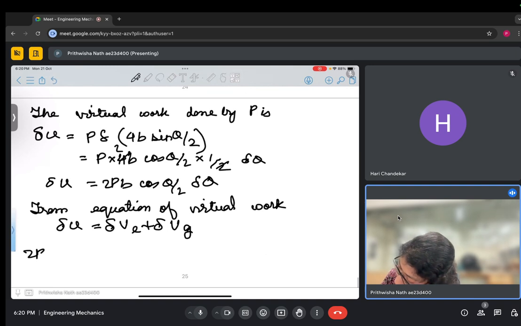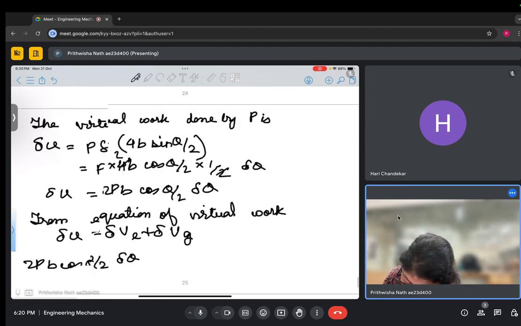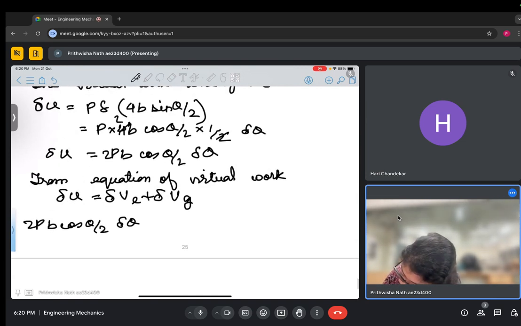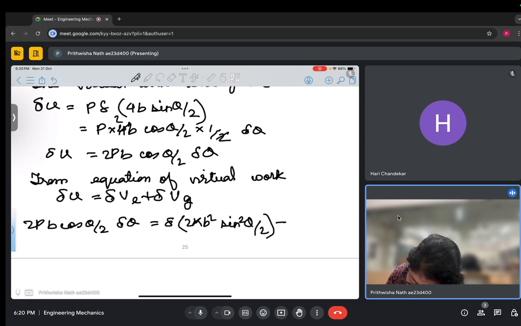So 2Pb cos theta by 2 delta theta equals delta of 2k b square sine square theta by 2 plus delta of minus 2 mg b cos theta by 2.